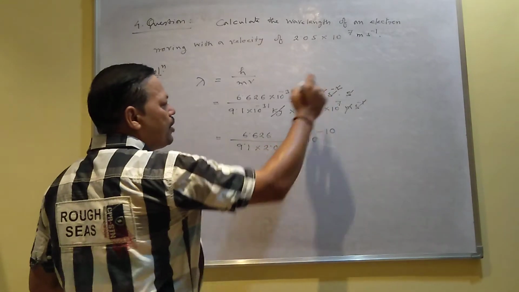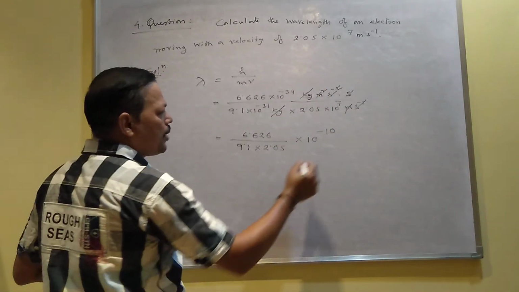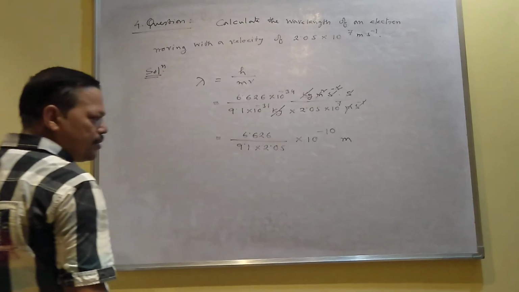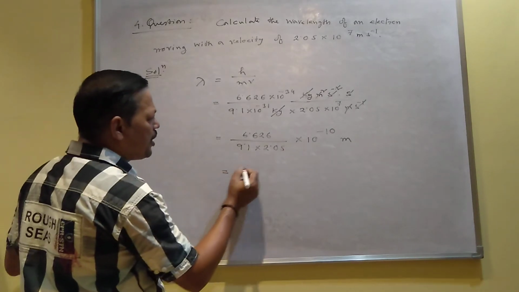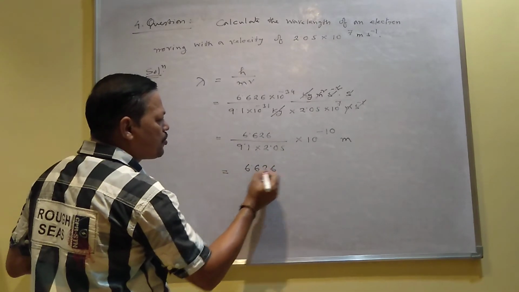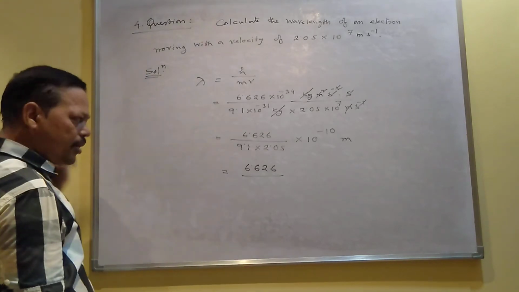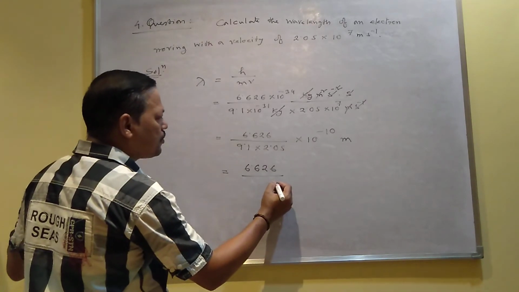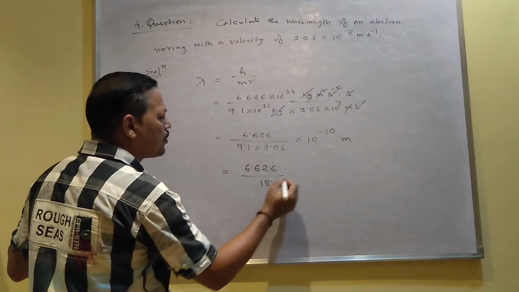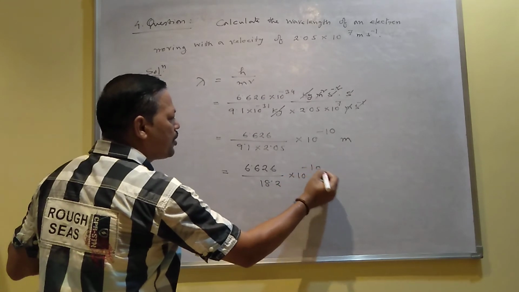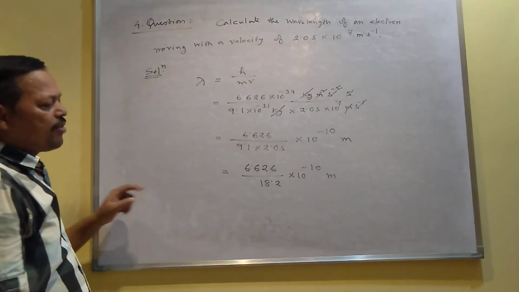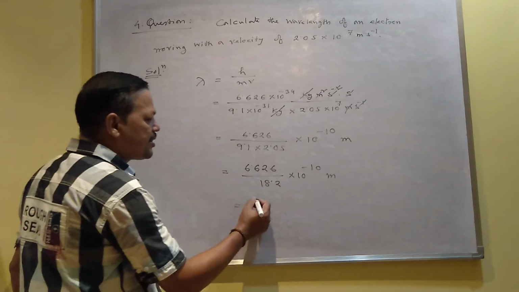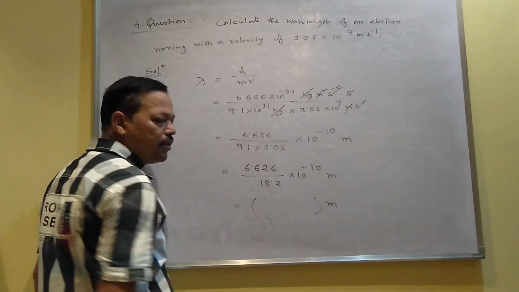So one meter will remain here, that means the unit goes to meter. After this you can do the calculation, 6.626 and so on, and you will get the answer in meter.